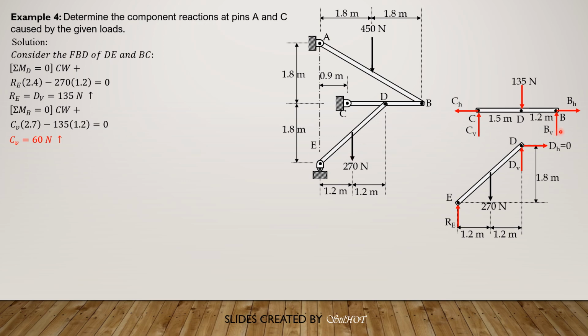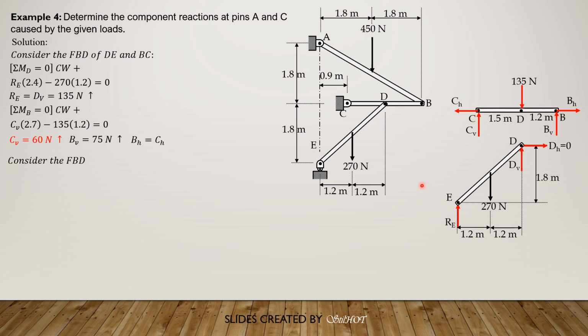By computing for B_V, summation forces Y, B_V plus 60 equals 135. So B_V is 75 newtons upward also. Now we have found B_V, then we draw the free body diagram of the remaining member AB. By the way, B_H is equal to C_H if we sum up forces horizontal in this member BC.